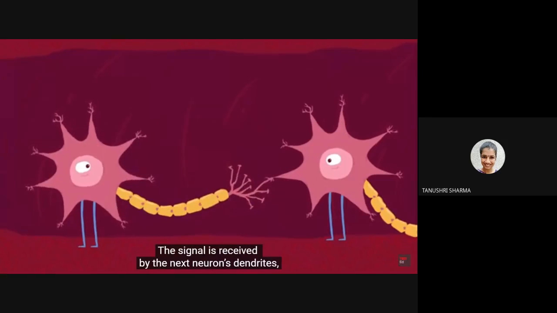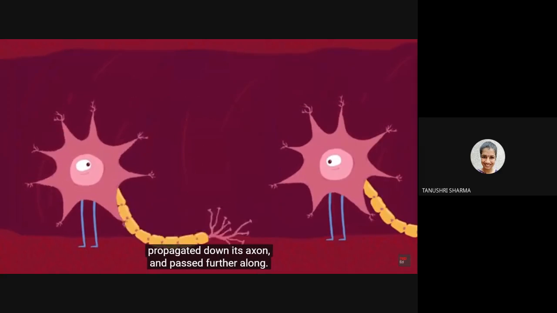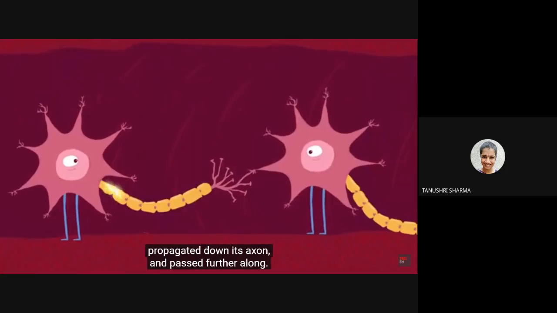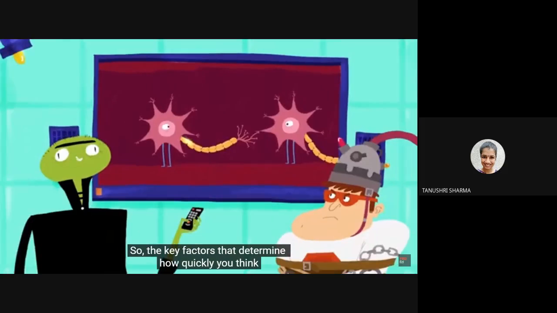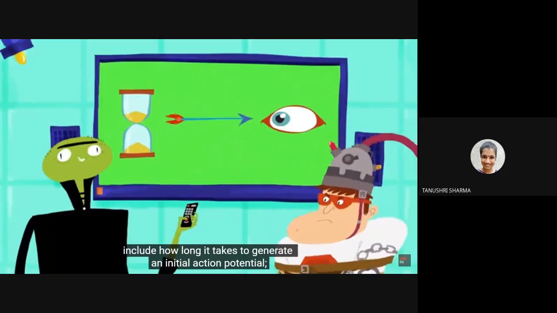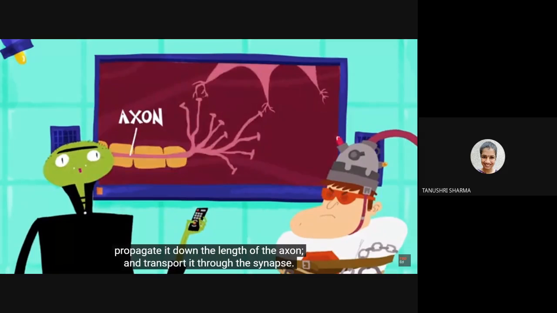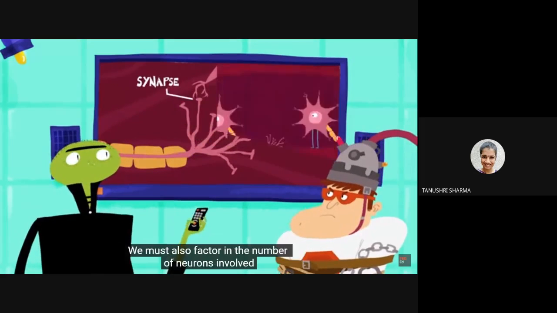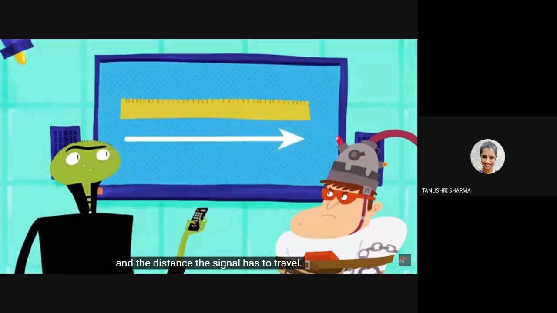The signal is received by the next neuron's dendrites, propagated down its axon and passed further along. So, the key factors that determine how quickly you think include how long it takes to generate an initial action potential, propagate it down the length of the axon, and transport it through the synapse. We must also factor in the number of neurons involved and the distance the signal has to travel.